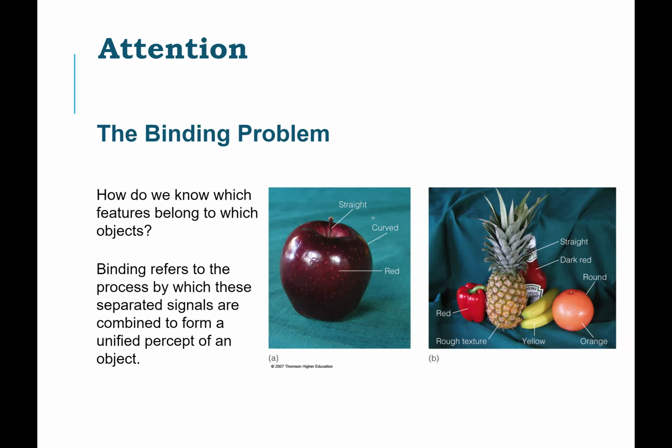That's what people call the binding problem, because it requires you to bind features of one object together in order to create a percept of that object. In this case, this bottle is hiding behind these fruits, but you're still able to create a coherent perception of it, even though it shares certain features with another object.